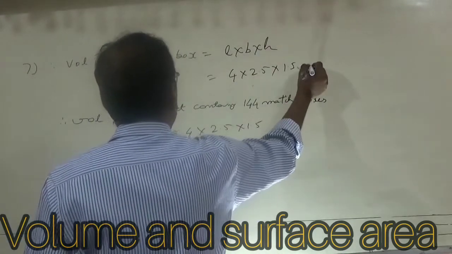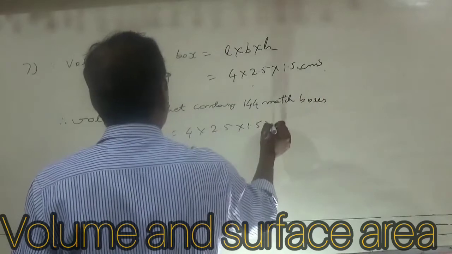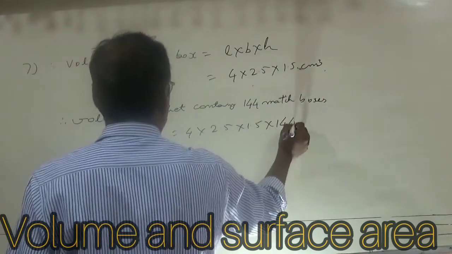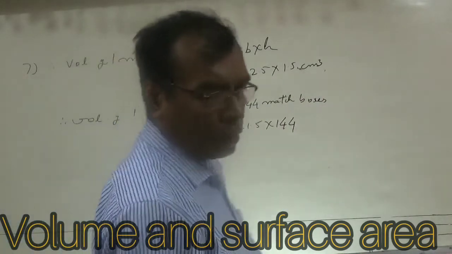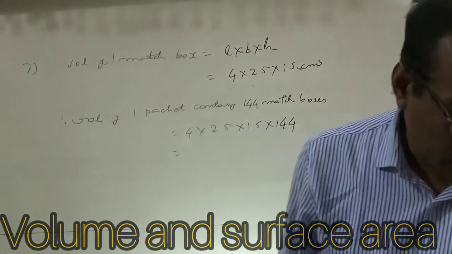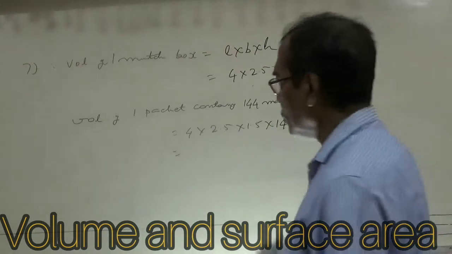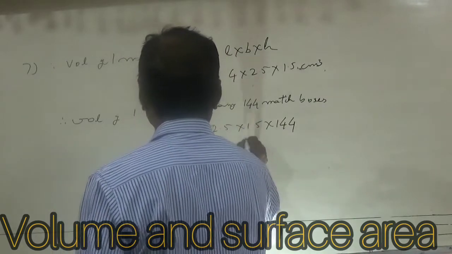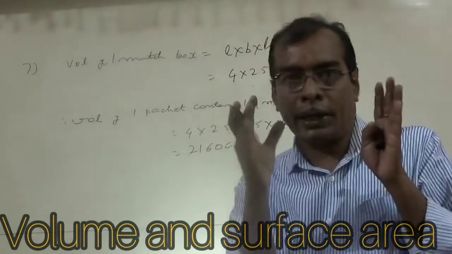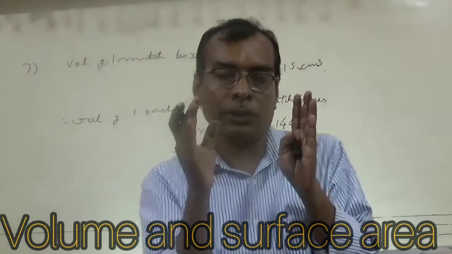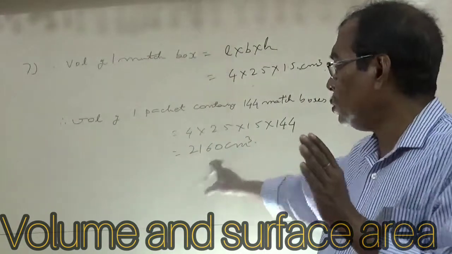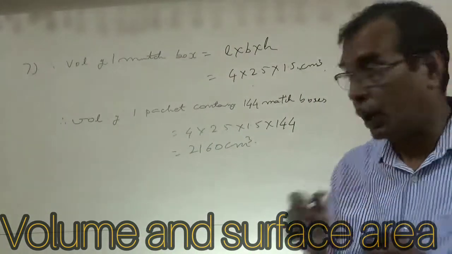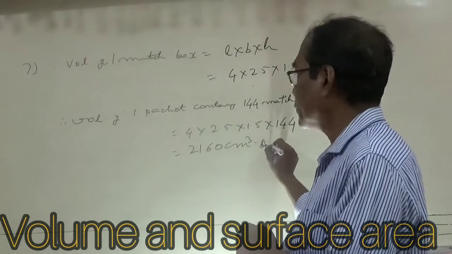One matchbox volume is this much, and for 144 matchboxes, into 144. If we take the multiplication, it will come as 2160 centimeter cube. So one packet containing 144 matchboxes has volume 2160. This is one of the answers. They are asking for 2 answers.